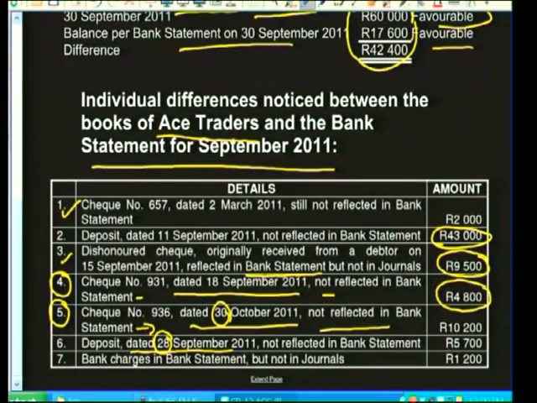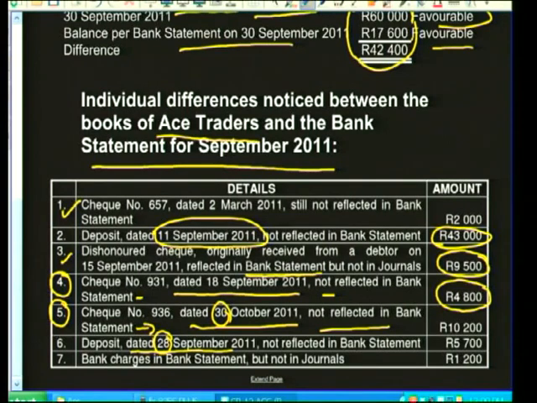What do we mean by timing differences? It means that by the time we have made the deposit, the bank has not reflected it because the statements could have come out earlier. But notice, it's slightly different to this deposit here, dated the 11th, which was early in the month.